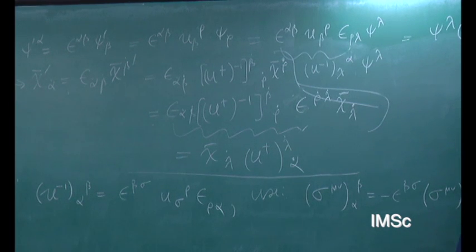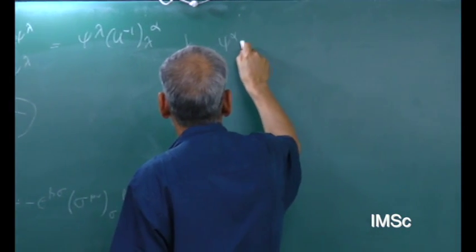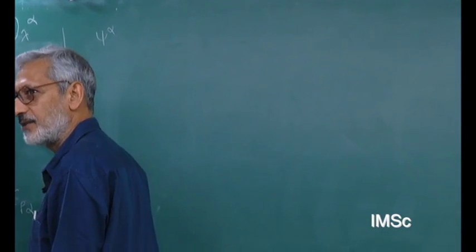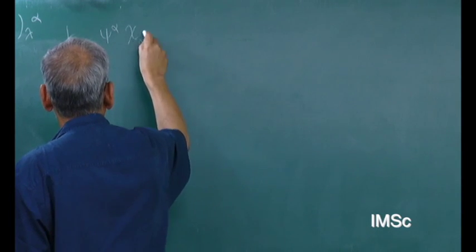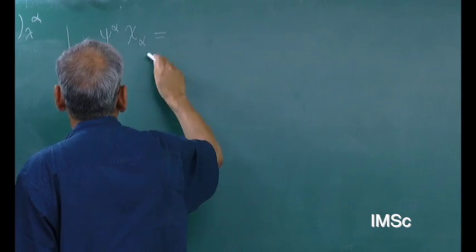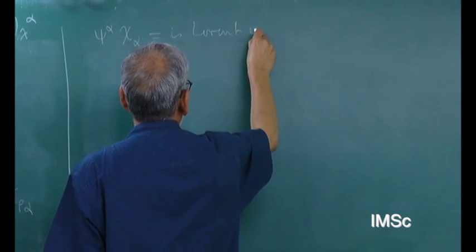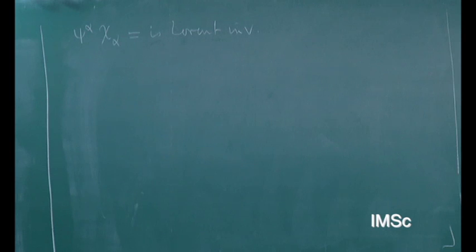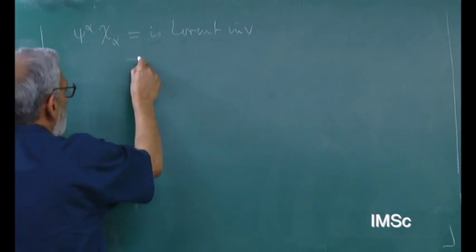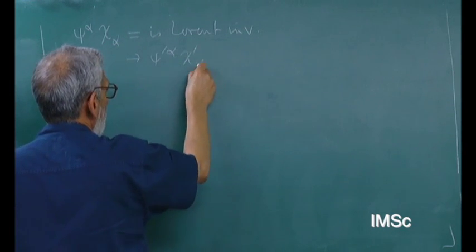For example, this immediately will tell me that psi alpha, take a two-spinor psi alpha, take another two-spinor chi alpha, is Lorentz invariant, because it transforms into psi prime alpha, chi prime alpha.